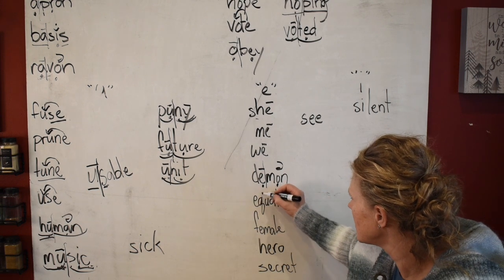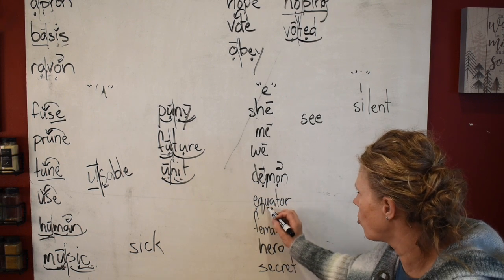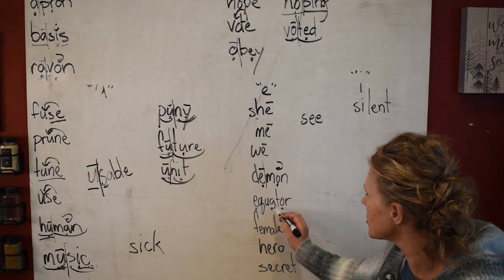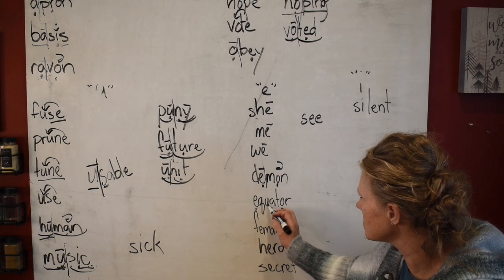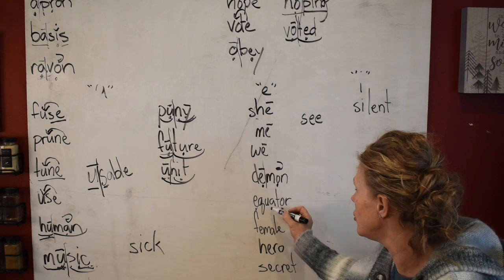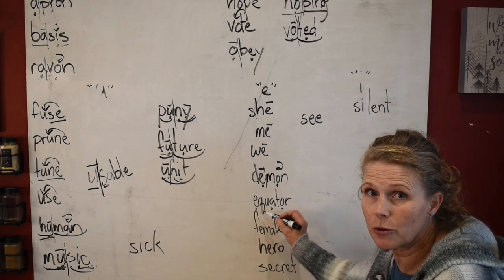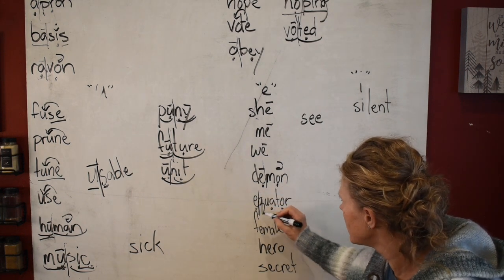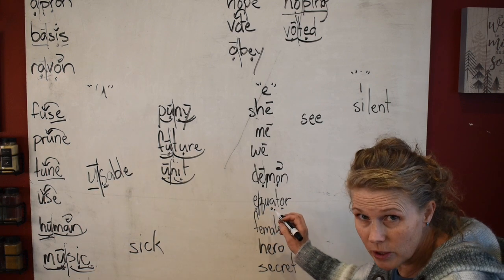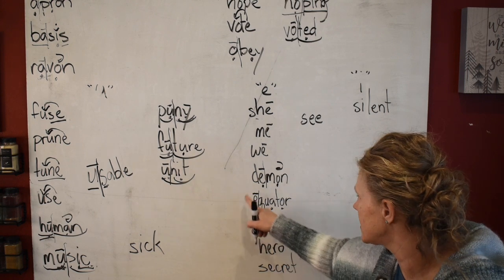Same with this. Let's find our vowels. There's one in the middle right here. The QU, remember, with a Q and a U, the U is not considered a vowel. It's a partner with the Q. So there's only one in the middle here, and this is going to say its long E sound.